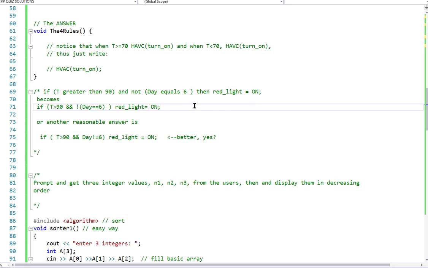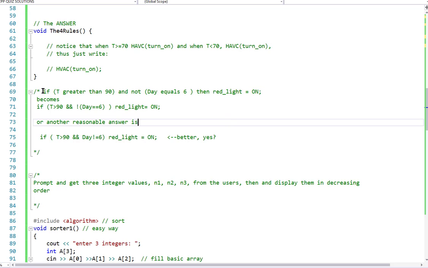Well, two reasonable answers are, if T is supposed to be C++, if T is greater than 90 and, notice the double ampersand, notice and, I used the word not here, and now I use the exclamation point not, day is equal to 6. Notice the parentheses here, left and right parentheses are matching. Turn the red light on. Notice the word then disappears.